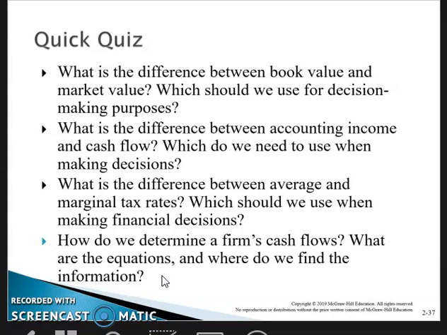And then finally, we calculate the change in net working capital. Remember that net working capital is current assets minus current liabilities. The change in net working capital is just the ending net working capital minus the beginning. So that is the end of chapter 2.